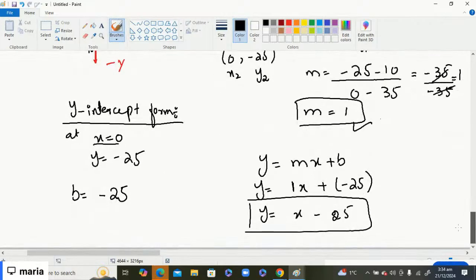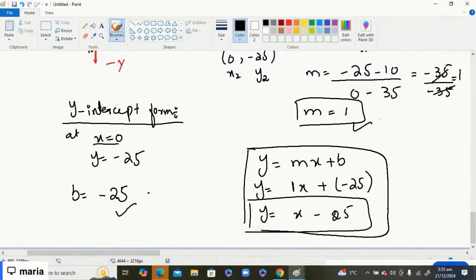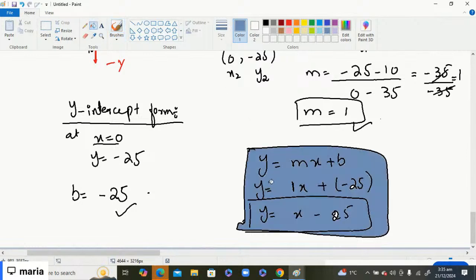So the y value is minus 25, and that is the value of b. Now this is our final equation. In y equals mx plus b, in place of m we put 1, x stays as it is, and in place of b we put minus 25. This is the way we are going to solve it.